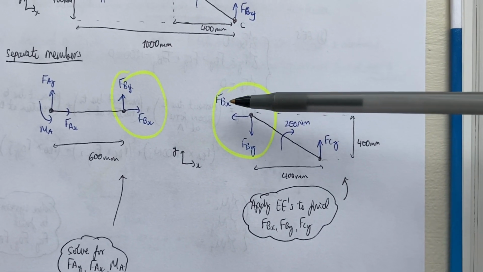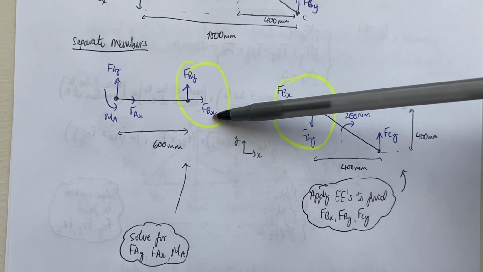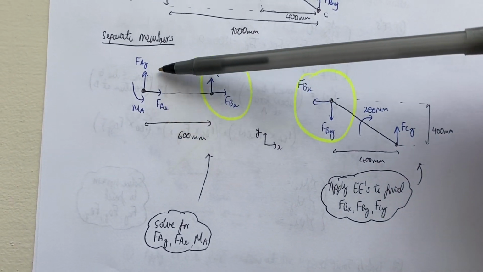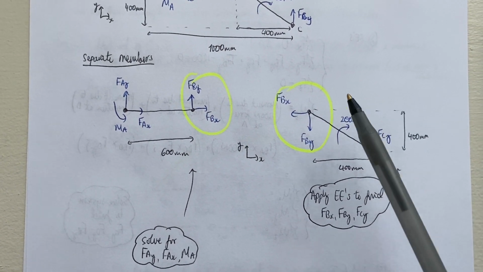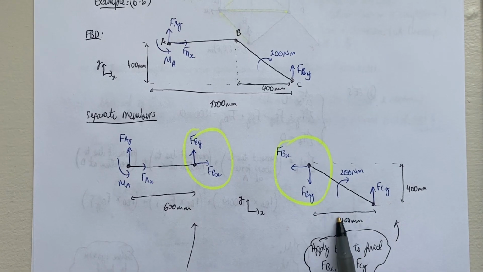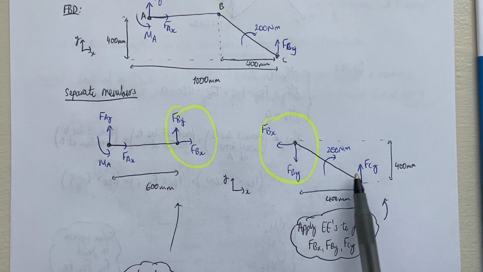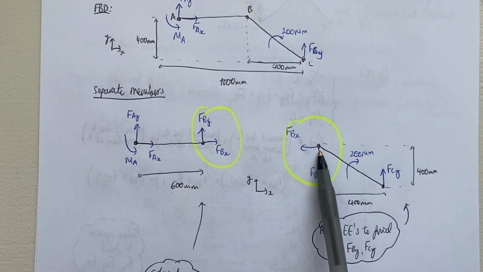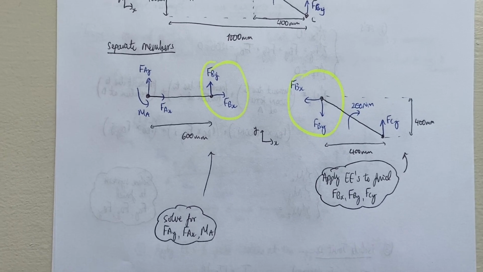And then once I know FBX and FBY, then I can put them into this side, and then I only have 3 unknowns over this side, right? So that's the technique for solving this frame: deal with the members separately, work out which one you can solve first, in this case this side, and then put the knowns into here, and then solve for these unknowns.